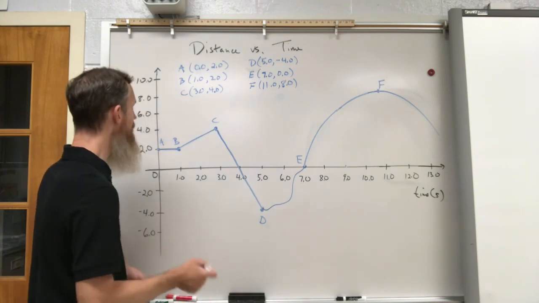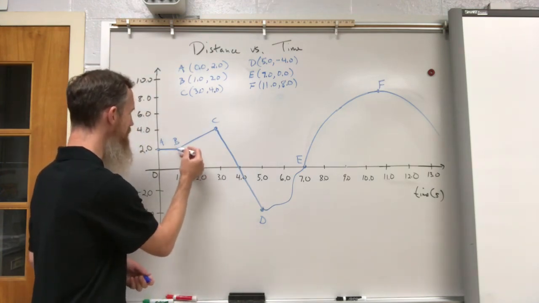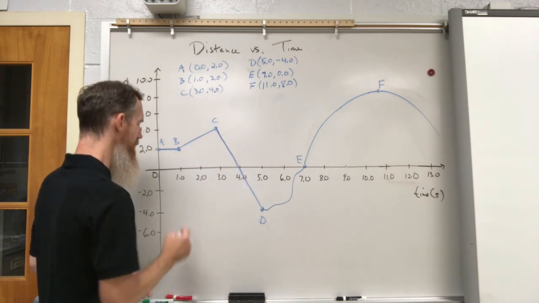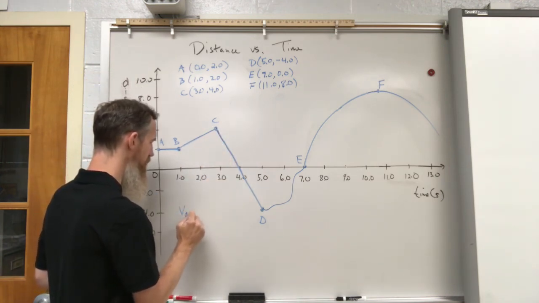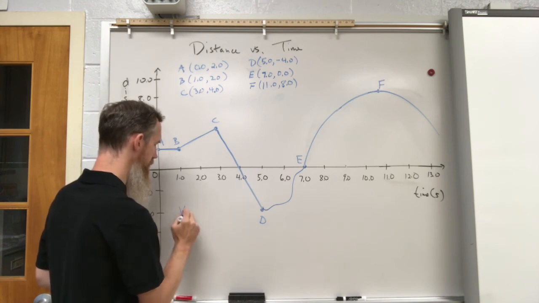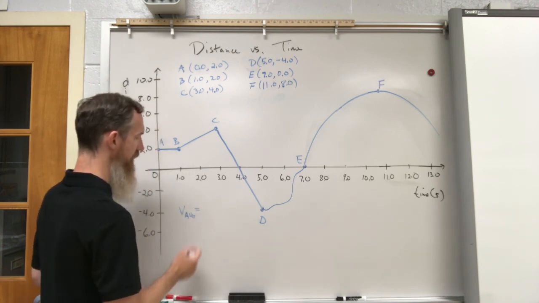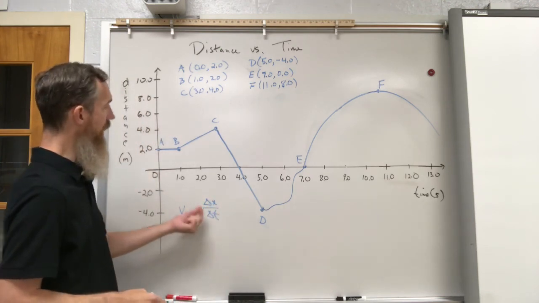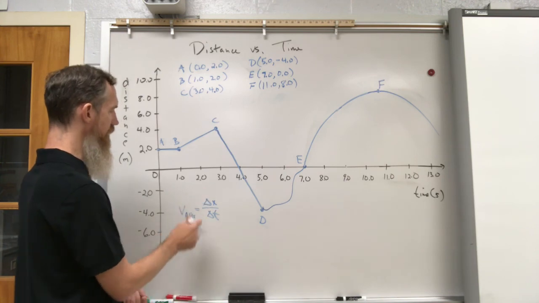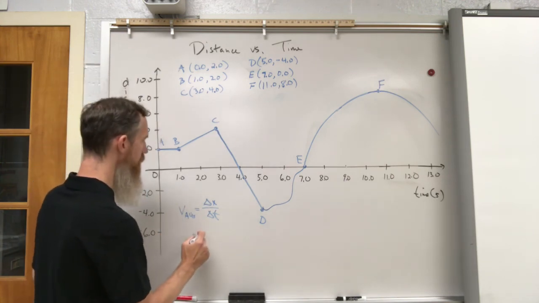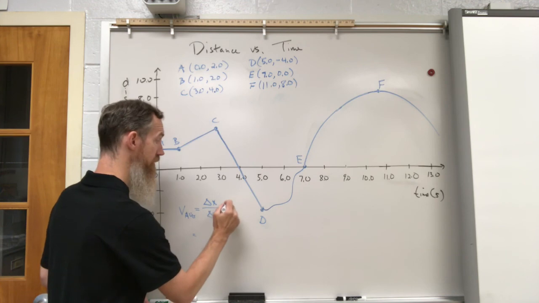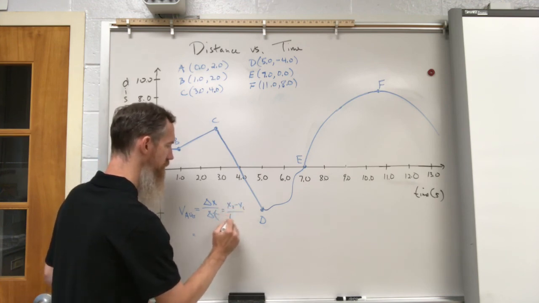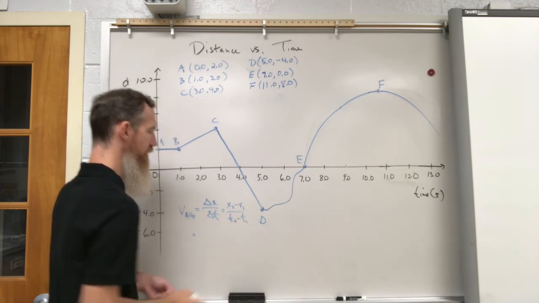Anyway, I know that at 1 second it's at this position, at 3 seconds it's at this position. I know it's moving nice and constantly, so I can use the formula. Average velocity is delta x over delta t. Remember, delta is final minus initial, and time would be final minus initial.